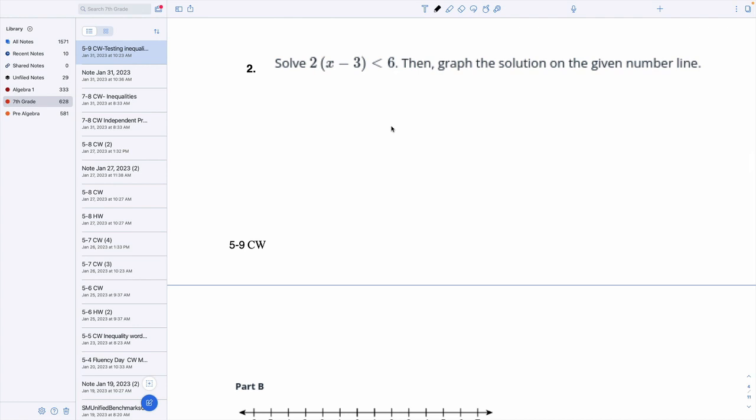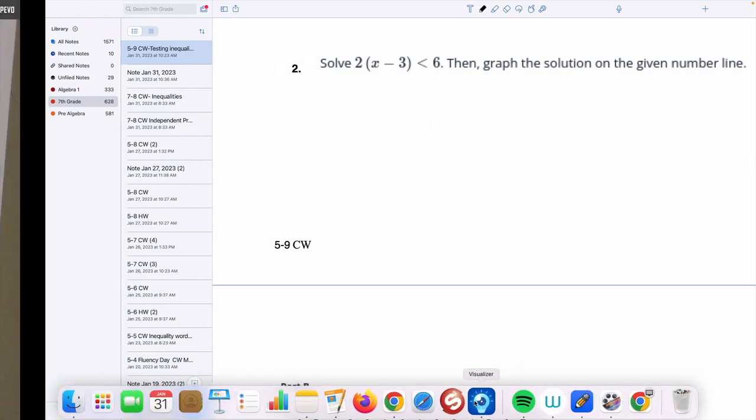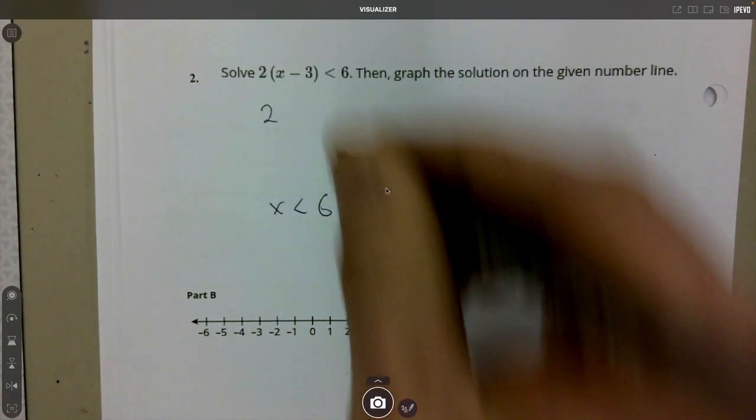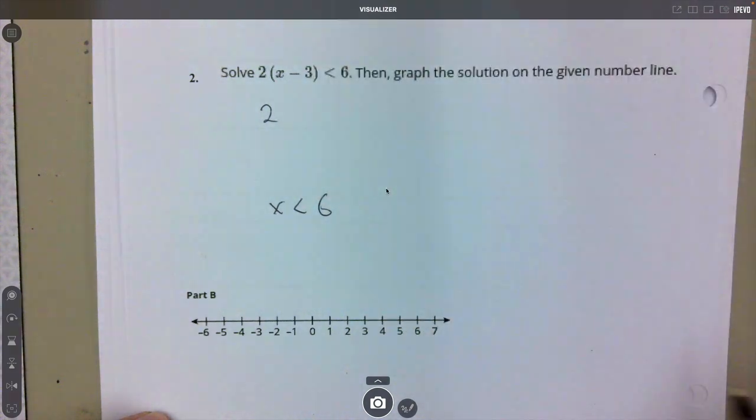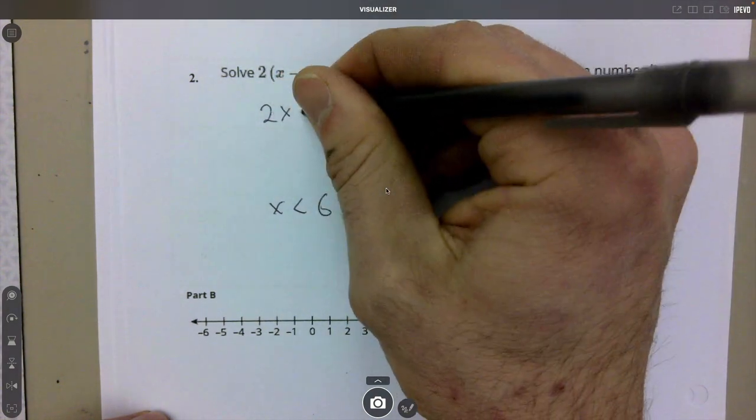5, 4, 3, 2, 1. Next contestant, Justice. What was your answer first? Then we'll work backwards. Great. How did you get that, Justice? Give me your first step, Justice. We'll work backwards.